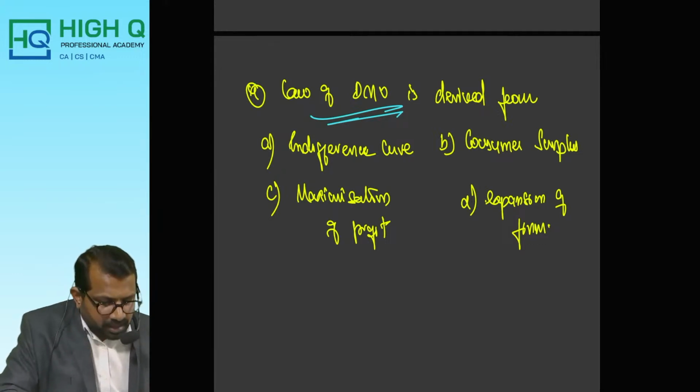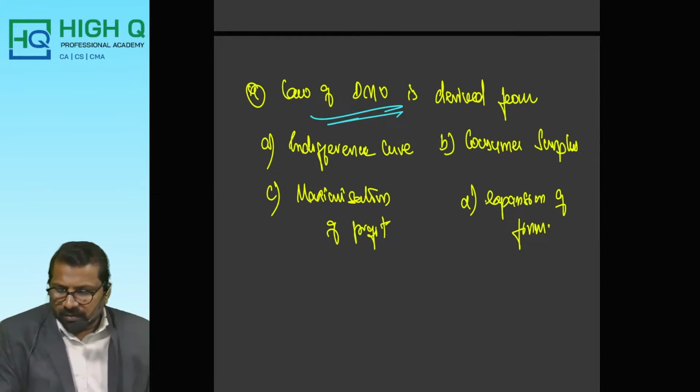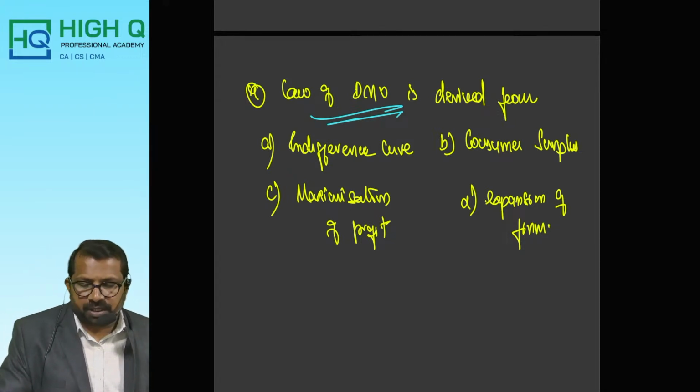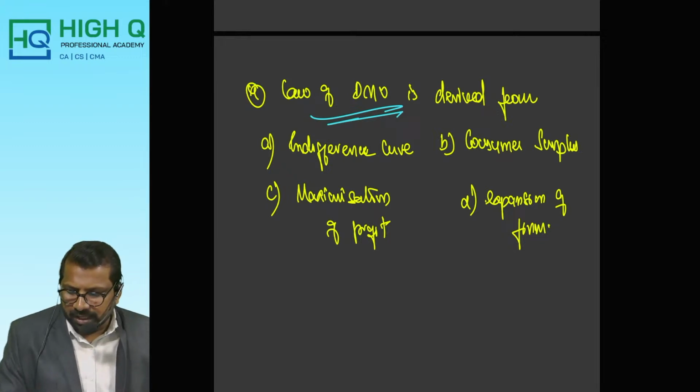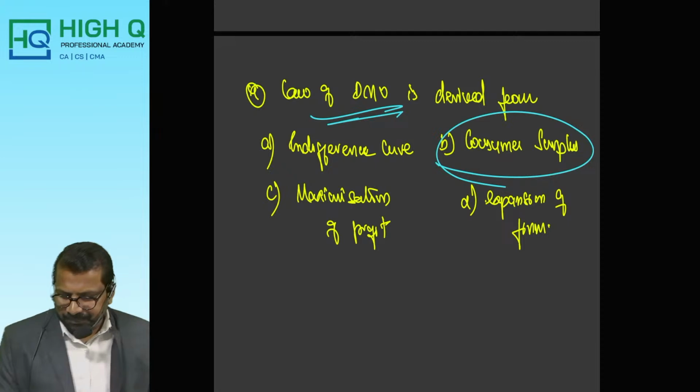Already we have discussed, the indifference curve is totally different, okay, but this concept, law of diminishing marginal utility, is derived from consumer surplus. So why consumer surplus?